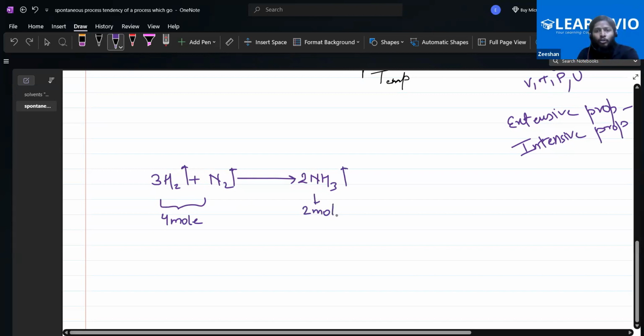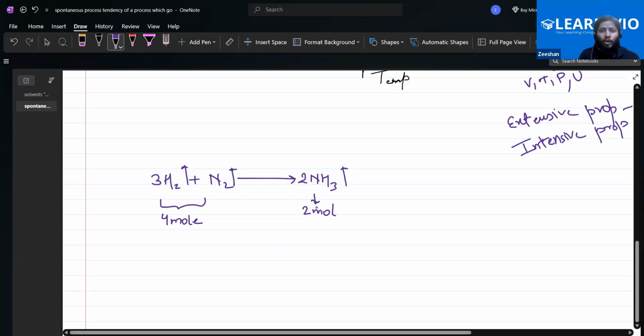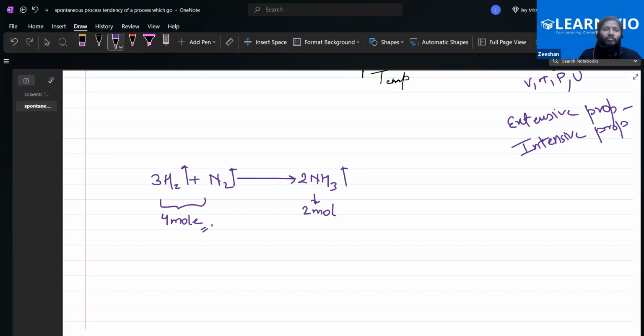So tell me, try giving me answer: has the randomness increased or decreased? Decreased. You all are correct, because we have 4 moles of gases here. Here the molecules are flying here and there. The degree of randomness is very high, and here only 2 moles of gas are present, right?